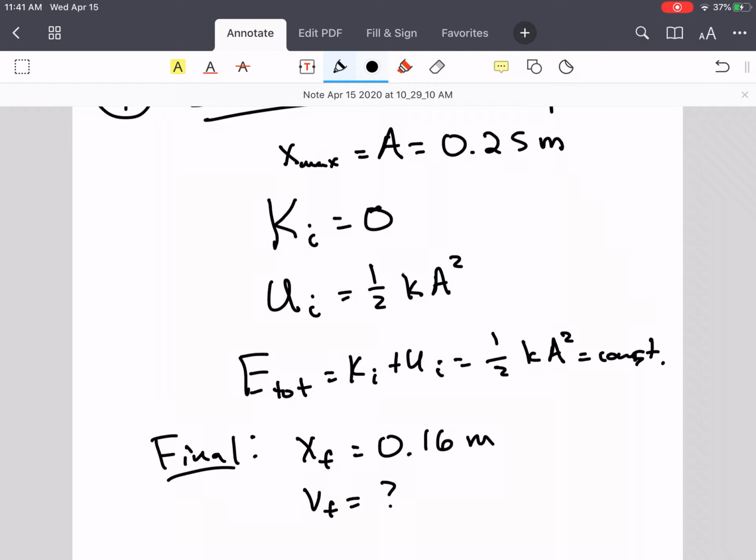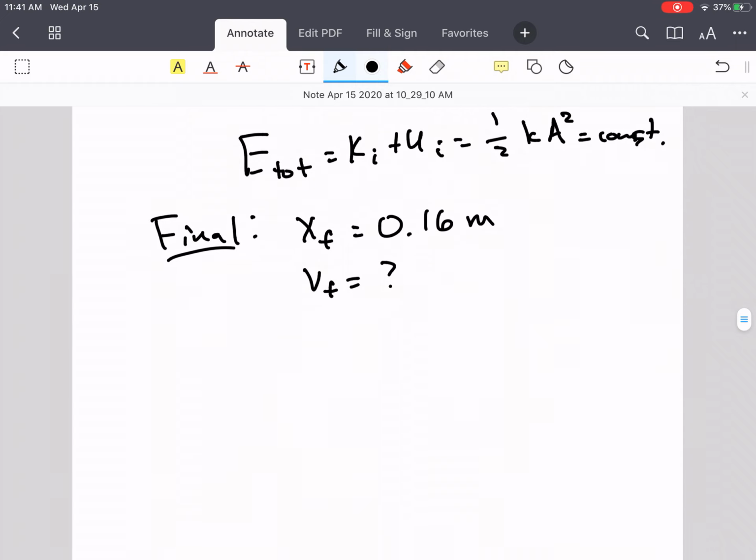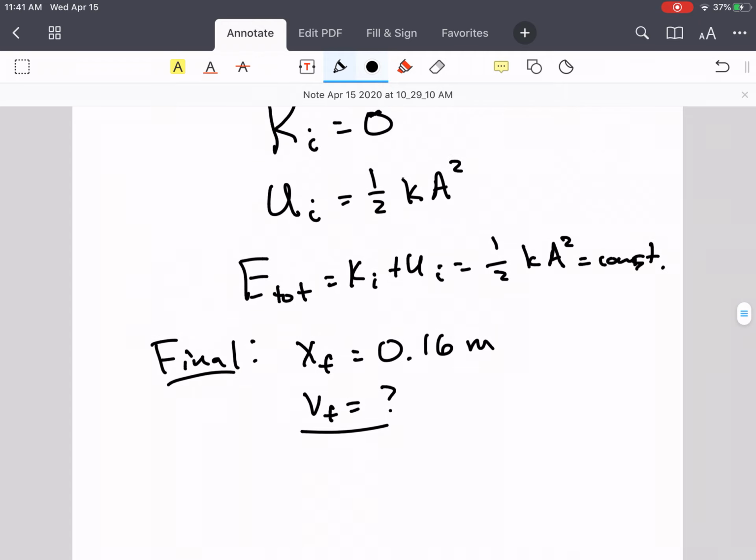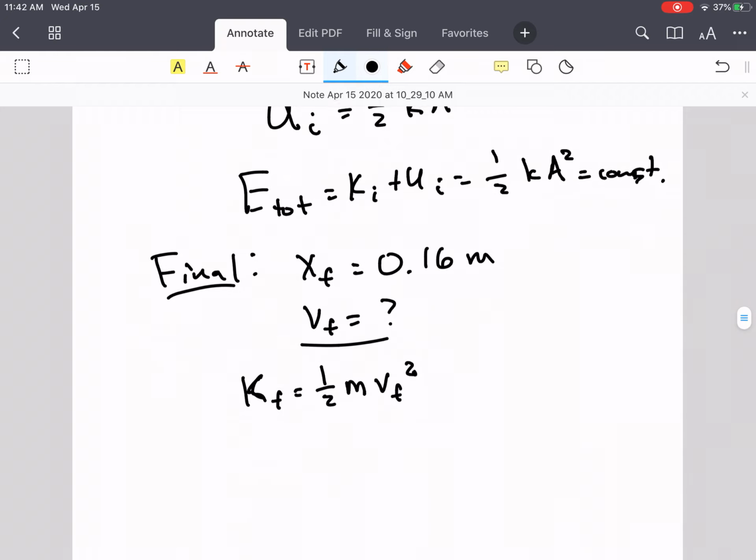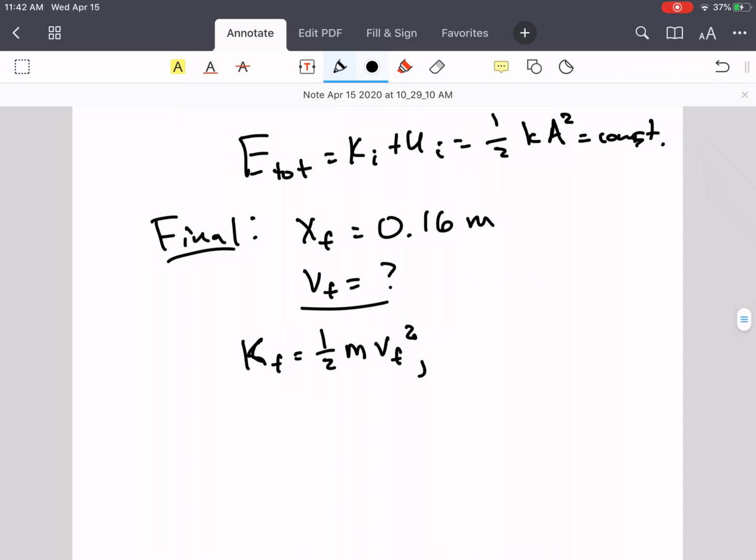No, I absolutely don't. It's not told to me in the problem. I could solve for that, and actually the problem is asking me to solve for that, so we're going to go ahead and do that. My kinetic energy is also unknown. That's 1/2 the mass of the object times v final squared, but I don't know what v is. And my potential energy, I kind of know. I know that it's 1/2 k times x final squared, but as before, I don't know what k is.